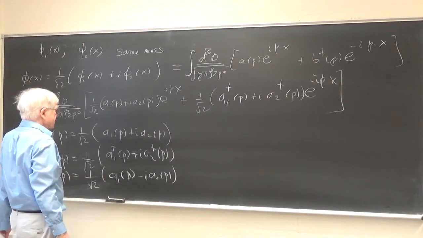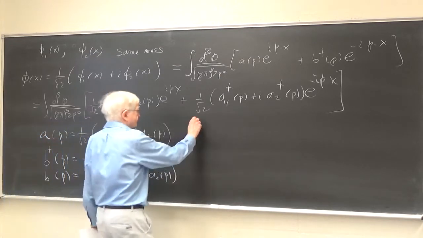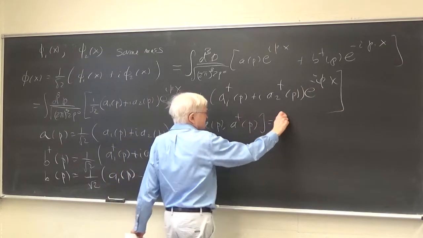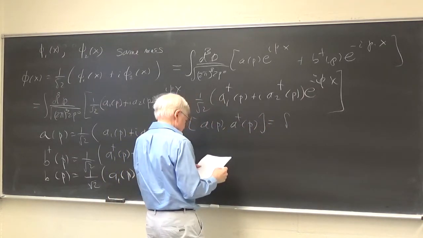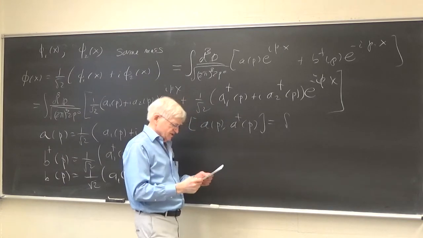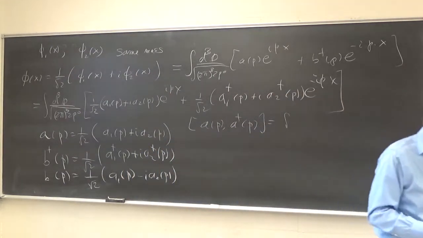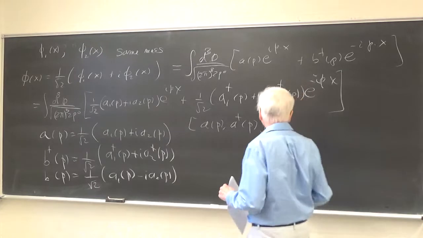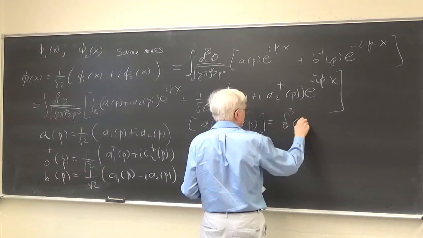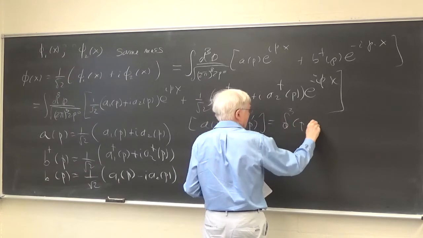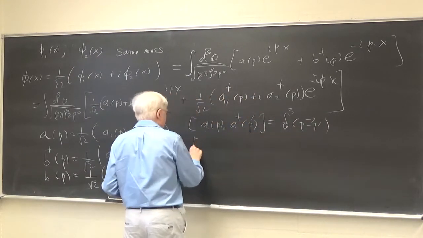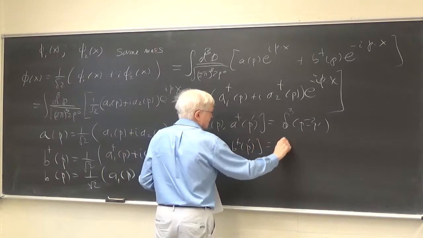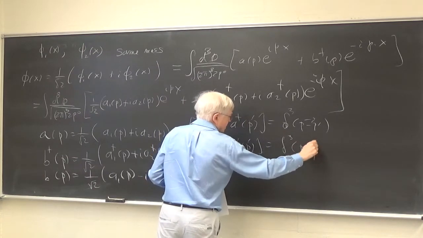The commutation relations of these are a of p, a dagger of p prime is, well, let's see, why did I put spin in there? Where's spin 0? Let me fix it. So this is simply delta cubed of p minus p prime. And b of p, b dagger of p prime is delta cubed p minus p prime.